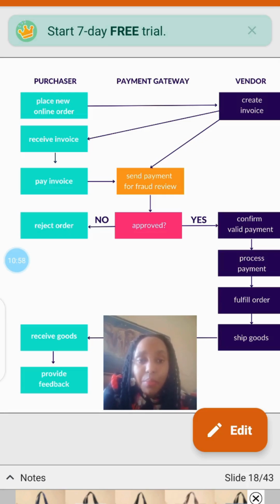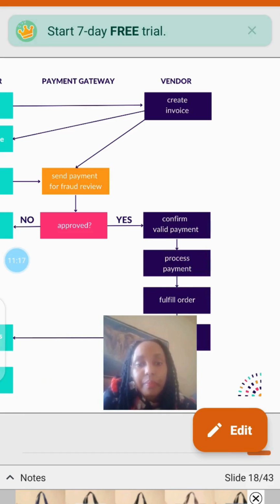So has it been approved? Then after that, you can confirm valid payment, process the payment, fulfill the order, and then ship goods, right? Then after goods are shipped, you receive goods and then they provide feedback. That's mostly the process.